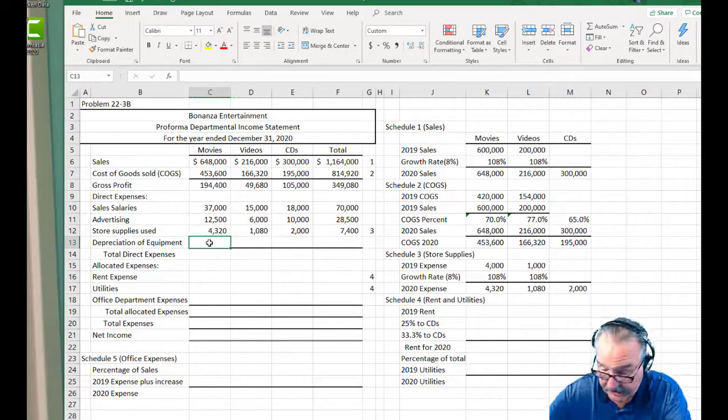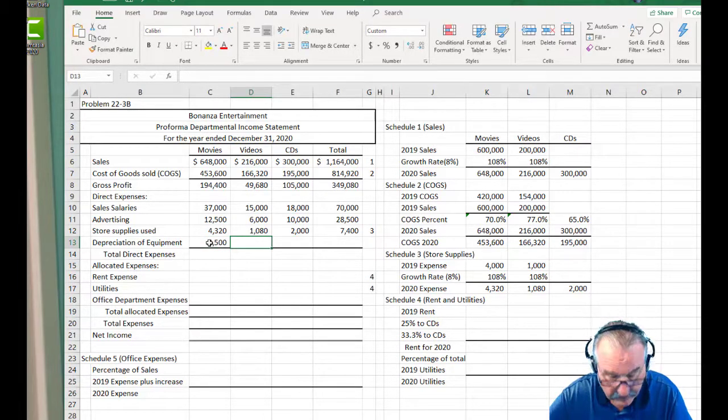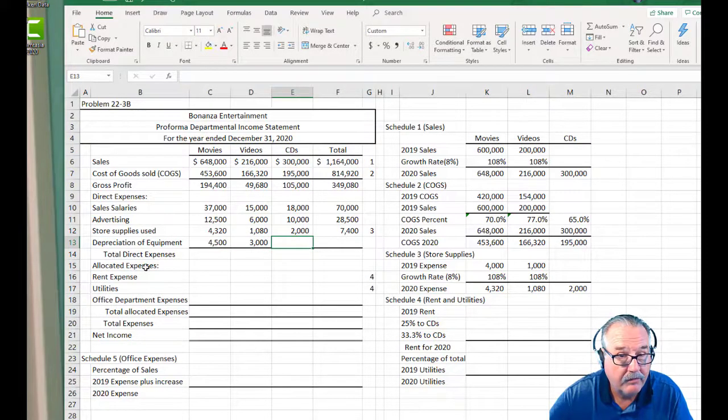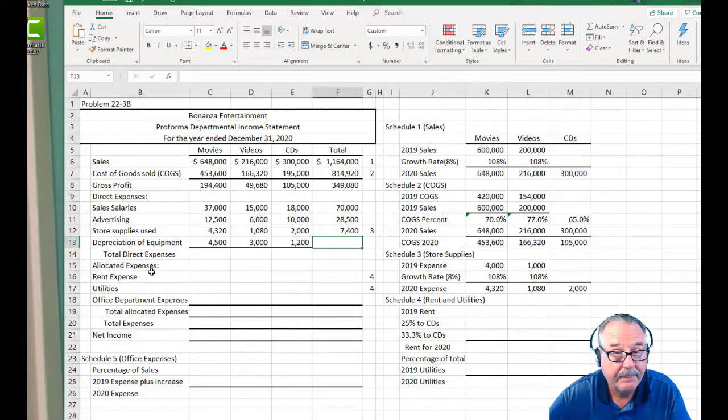They gave us depreciation expense of $4,500 for movies, $3,000 for videos, and $1,200 for CDs.